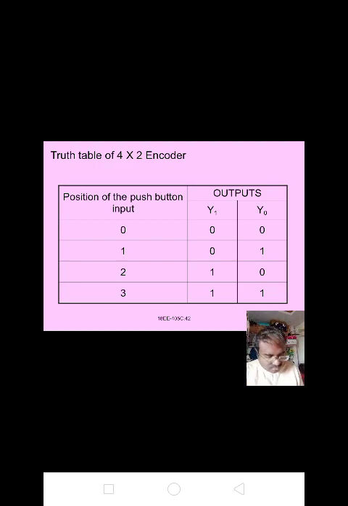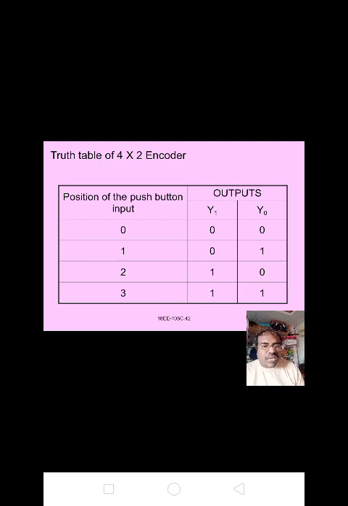Okay, it is the truth table for 4 into 2 encoder. Very simple truth table. Here the inputs are the positions of the push button input, that is 0, 1, 2, 3.